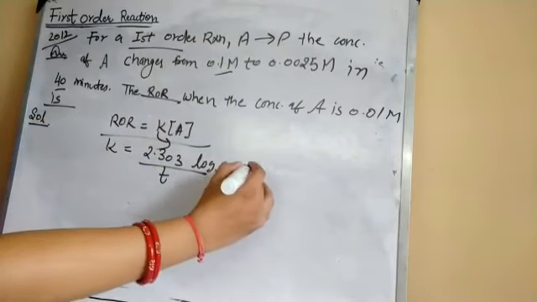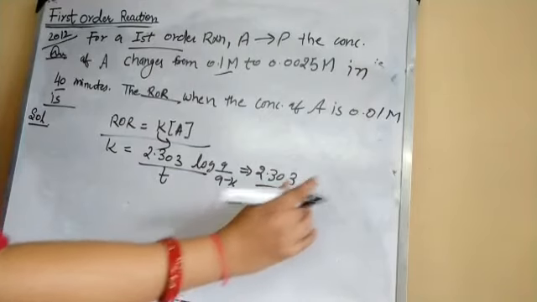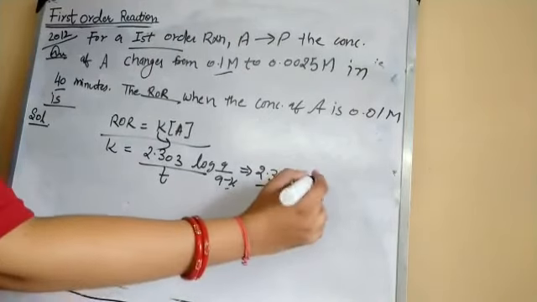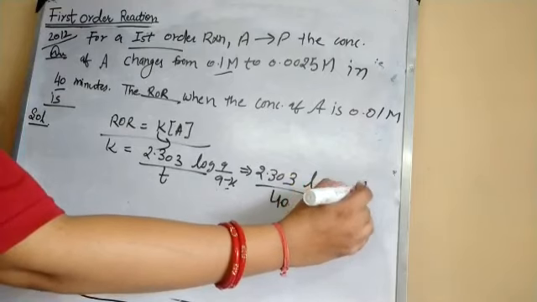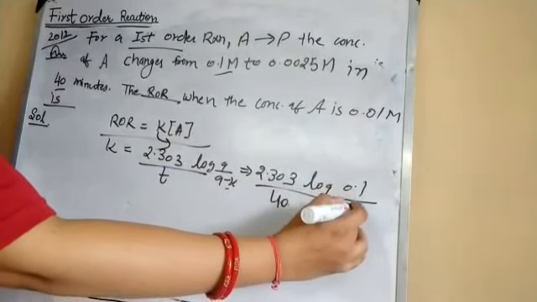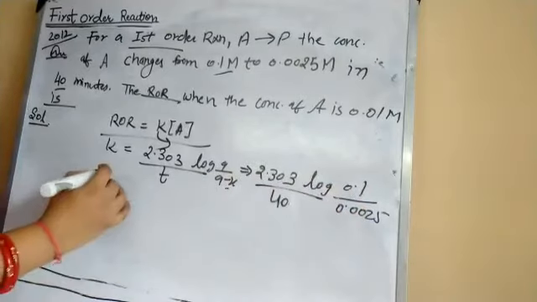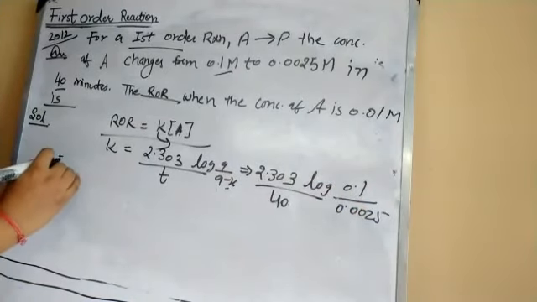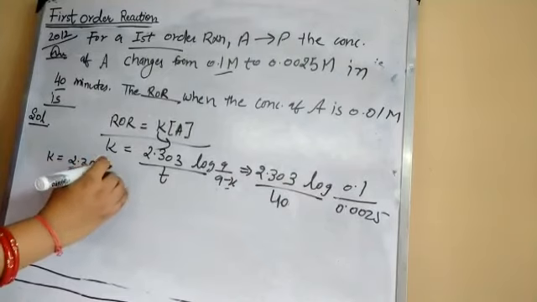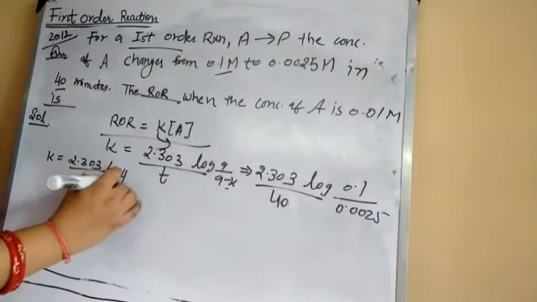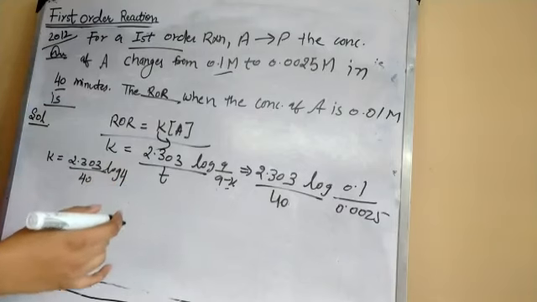We just put the values: 2.303 by 40 minutes, log of initial concentration 0.1 molar to 0.0025. When you use this, you will get log 4, right? So k will become 2.303 by 40 and log 4. Log 4 is 0.60. You need to cram some values of the log.